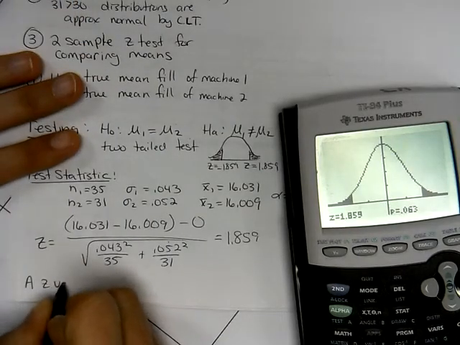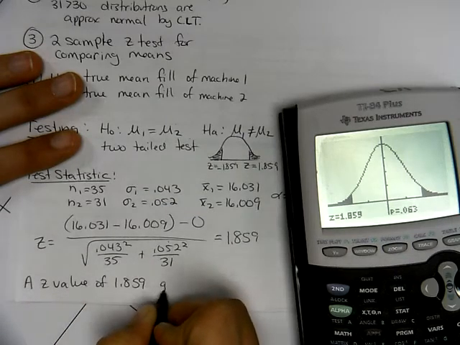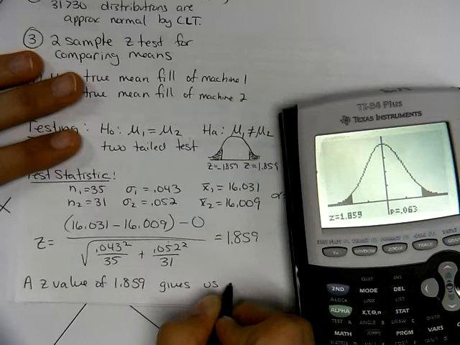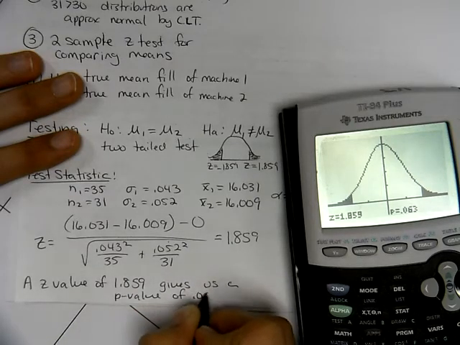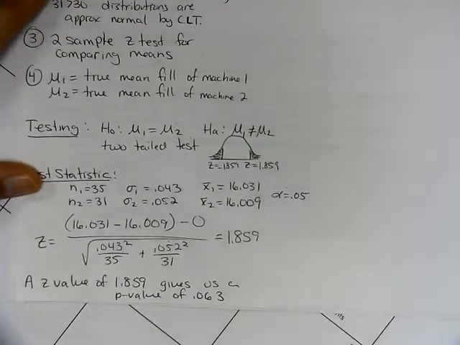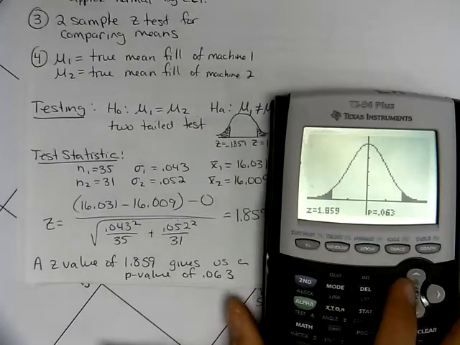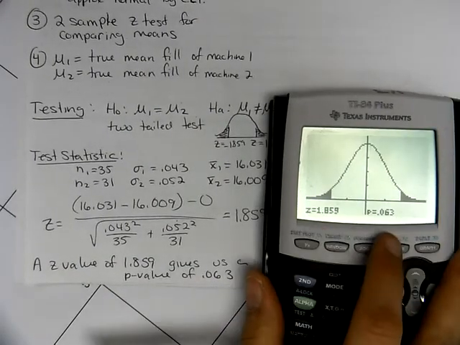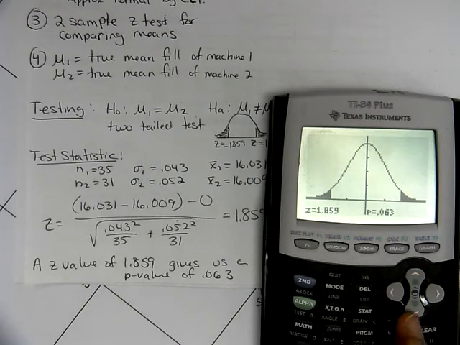So a z-value of 1.859 gives us a p-value of 0.063. If you're doing a t-test, the only thing is you don't want to hit draw, because then you can't figure out your degrees of freedom. So if you do a t-test, you want to hit calculate.